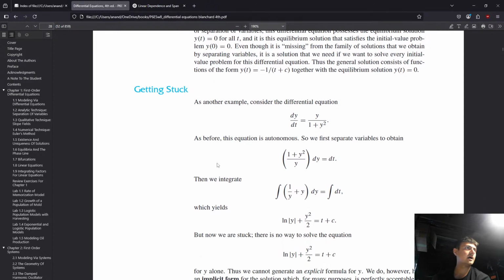Alright, getting stuck. As another example, consider the differential equation y dot is equal to y over 1 plus y squared. We separate. We integrate.